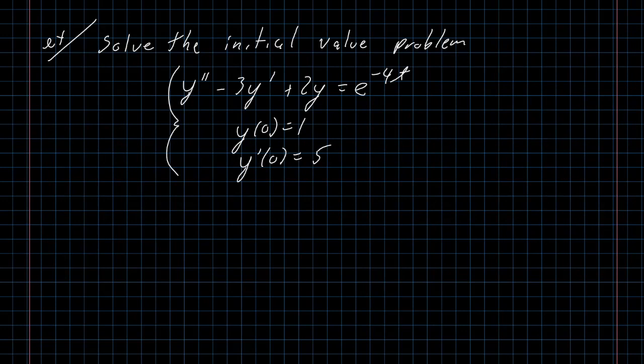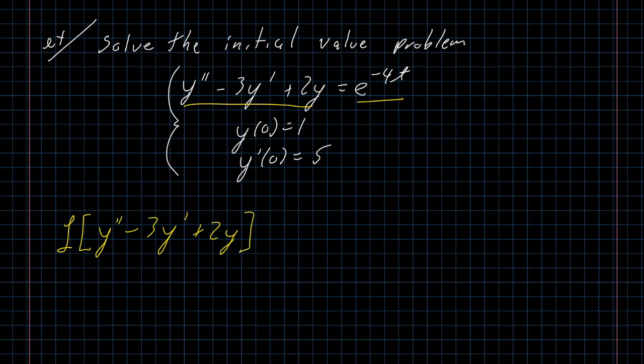And so the first step of the Laplace transform method is to say that if these two things are equal to each other, then the Laplace transforms of these two things should be equal to each other.